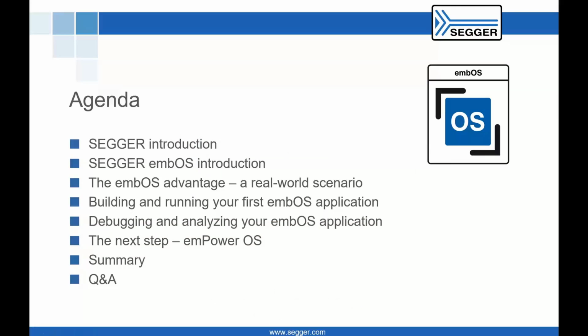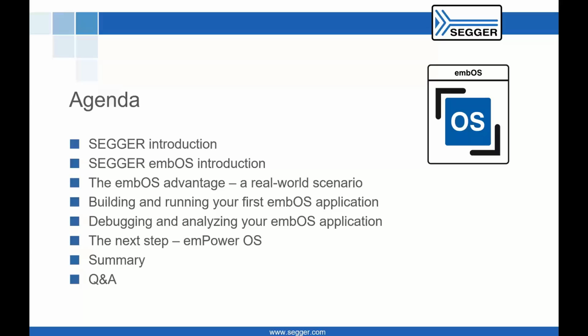All right, so this is the agenda for the next hour or so for this webinar. We'll start out with just a quick introduction to SEGGER as a company and to our RTOS, called embOS, as a product. Then we'll do a real world scenario.